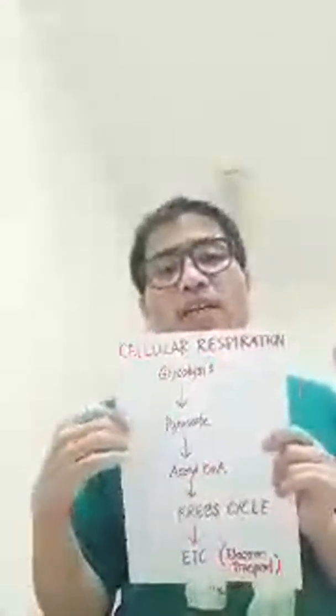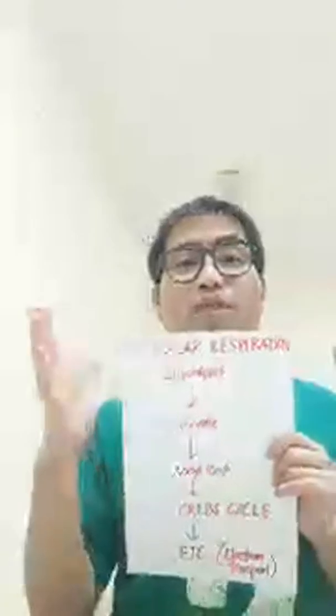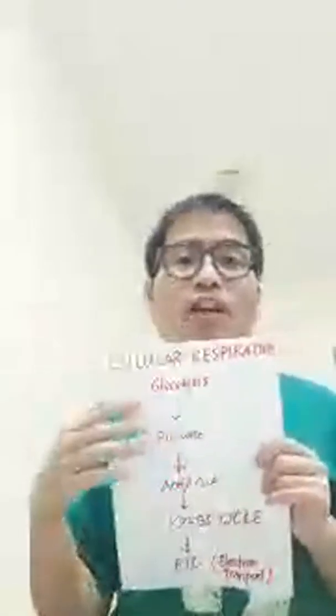So oxygen is very essential here in cellular respiration. But there is also a process in which oxygen is not involved. Our focus of discussion is on oxygen because it's really 95% aerobic respiration.